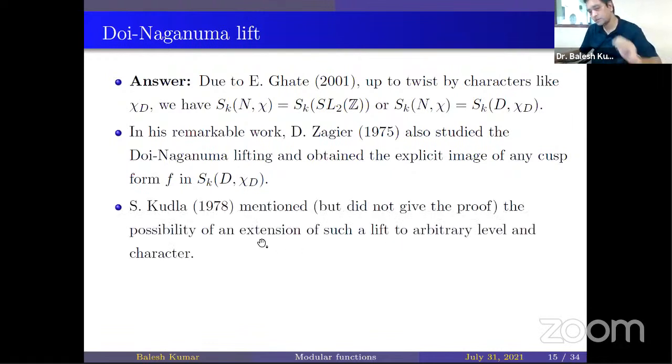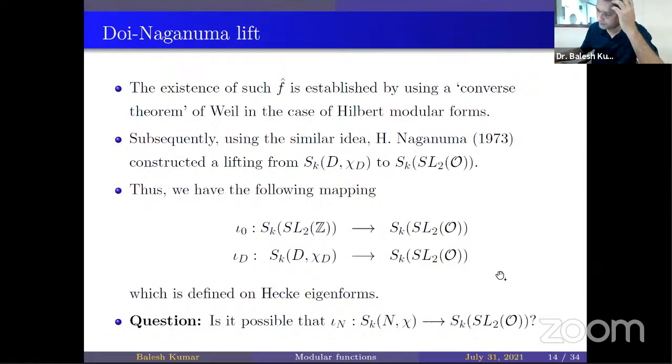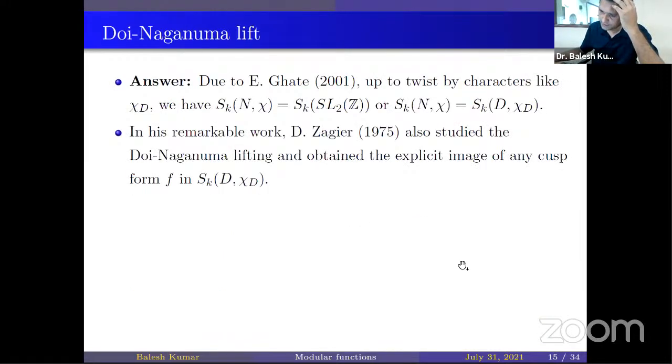So what he studied, he took this lifting, S_k(D, chi_D), which goes to S_k(SL2(O)). Then Zagier showed that if you give me any general cusp form in S_k(D, chi_D), I can give you the direct image of this Doi-Naganuma lifting, which a priori doesn't depend on Hecke eigenforms, and which is encoded in terms of the Fourier coefficients of the form that we started with.